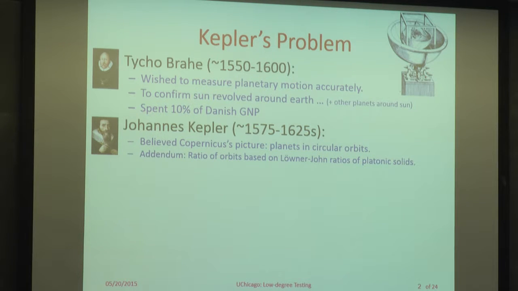Furthermore, there was a very precise statement that Kepler believed in, which was that the ratio of the radius of these different circles was not just arbitrary. The radius of a circle was determined by the radius of the next inner, closer planet. And how was it related?